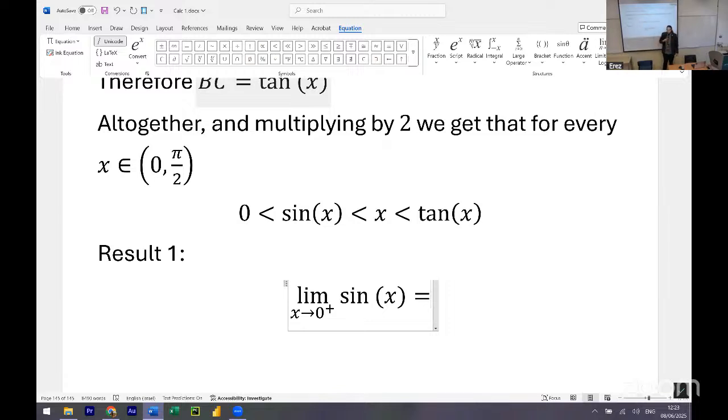When x goes to 0, what is that? This goes to 0, and this is truly x. This goes to 0, and this goes to 0, so why? Sandwich, exactly. Next one.